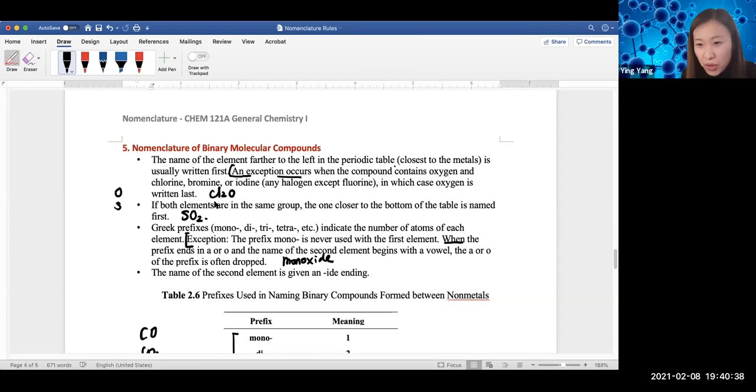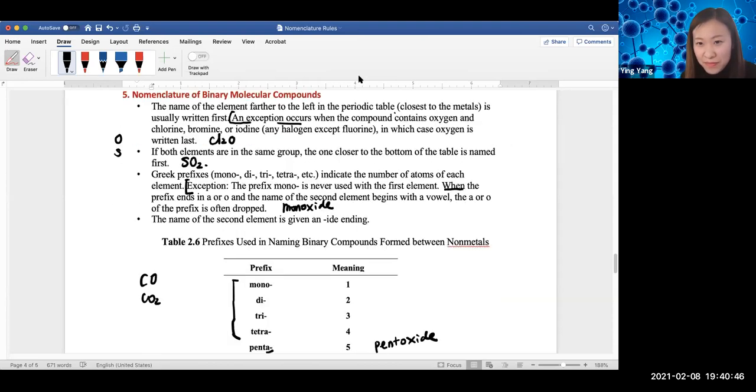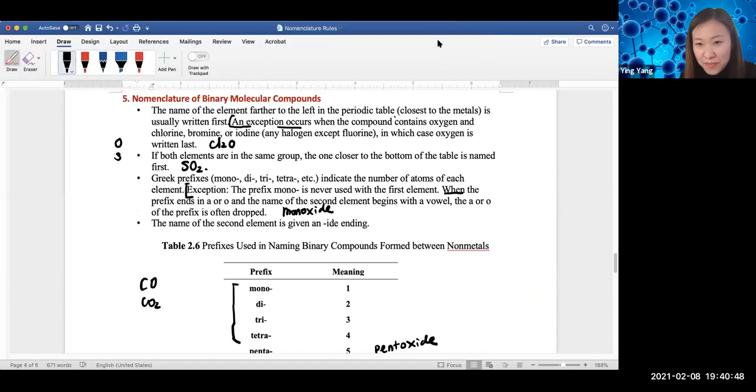So we have 2 chlorine, 1 oxygen, Cl2O. How would you name it based on this naming rule?